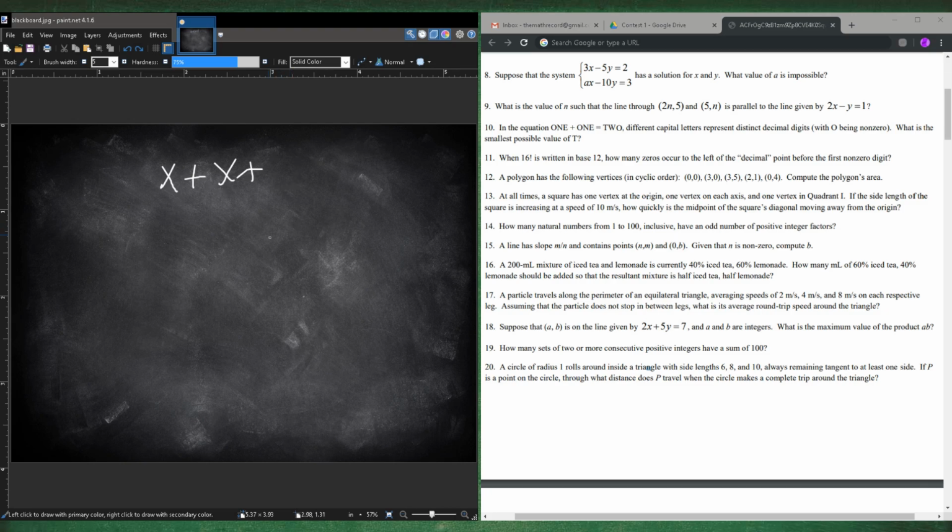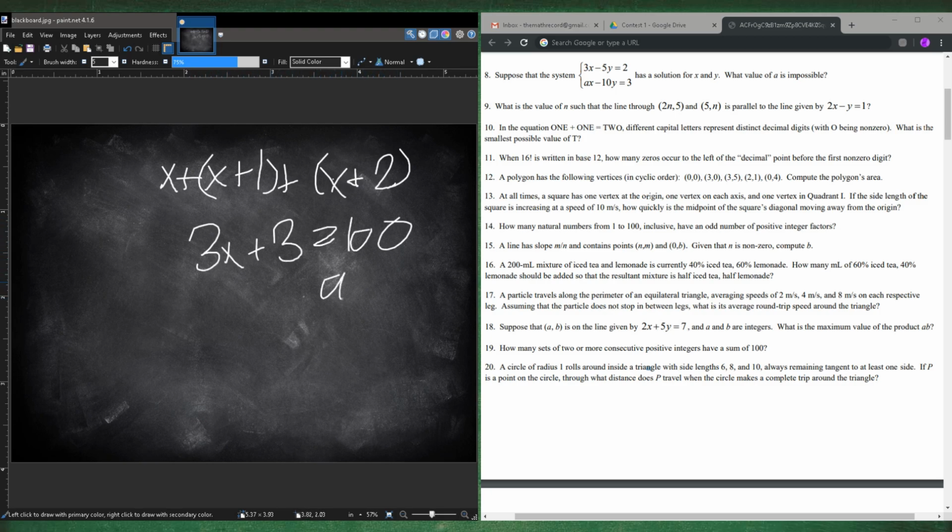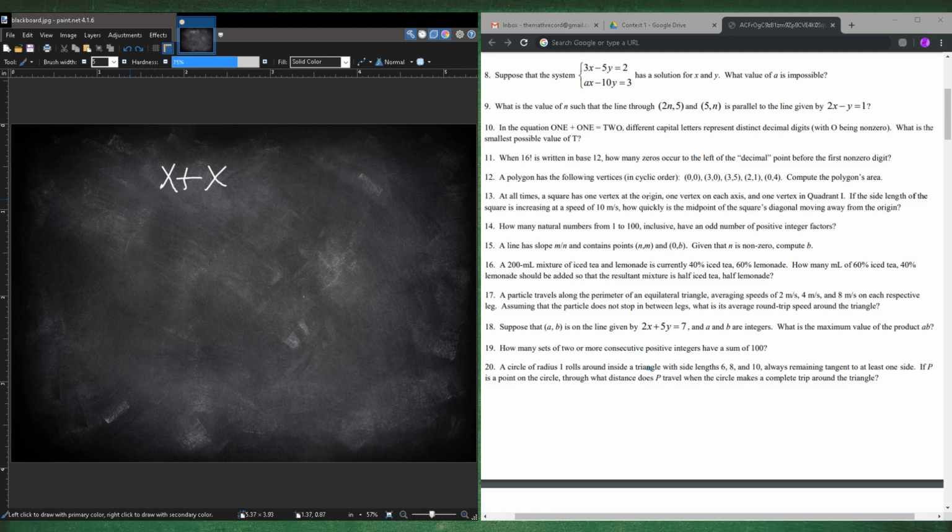So the next one is x plus x plus 1 plus x plus 2 equals 100. That's 3x plus 3 equals 100, which makes 97 divided by 3, which doesn't work. You're going to see a really clear pattern. If it's 2 consecutive integers, it's 2x plus 1.